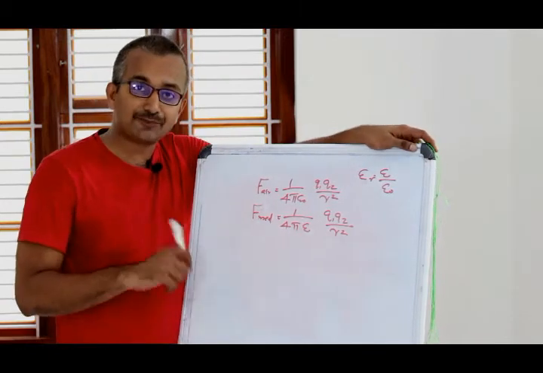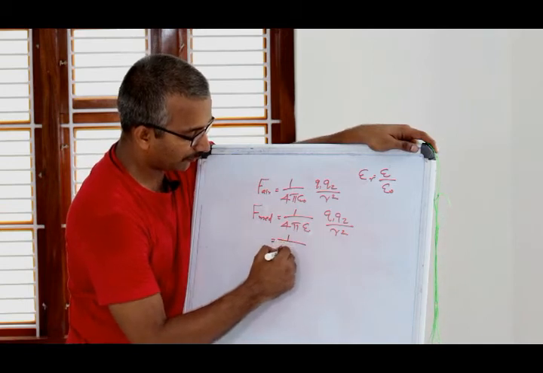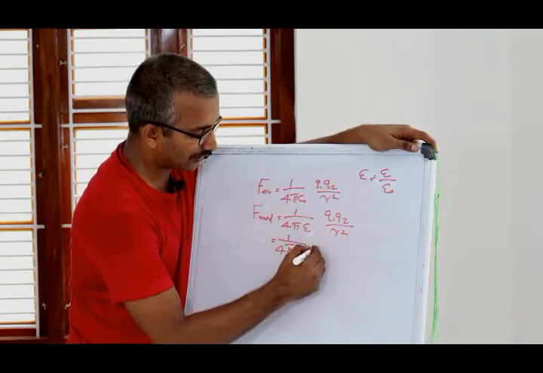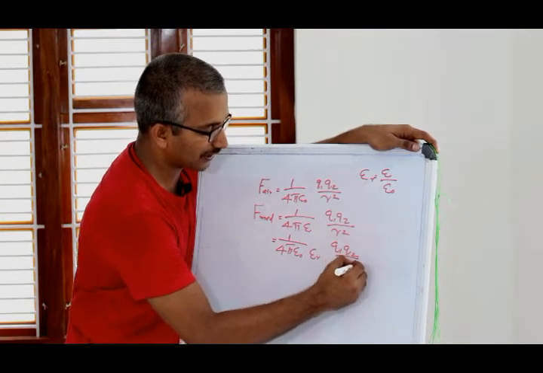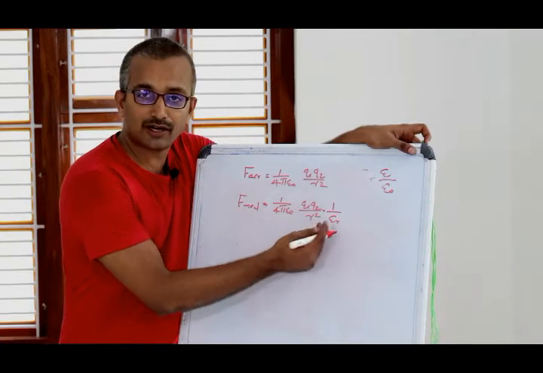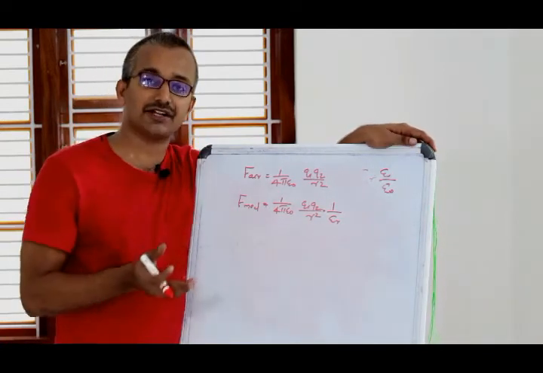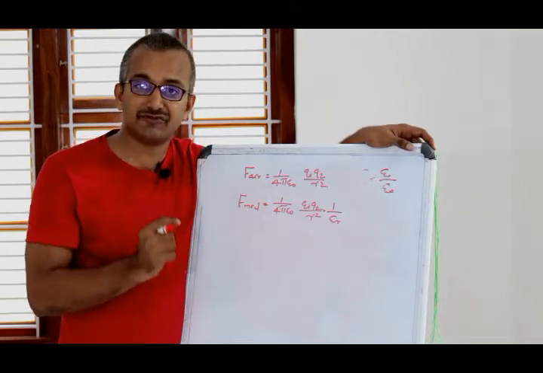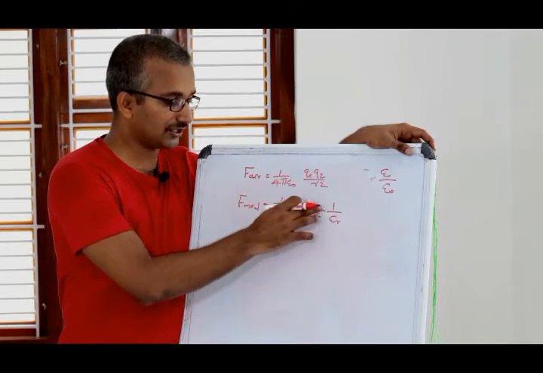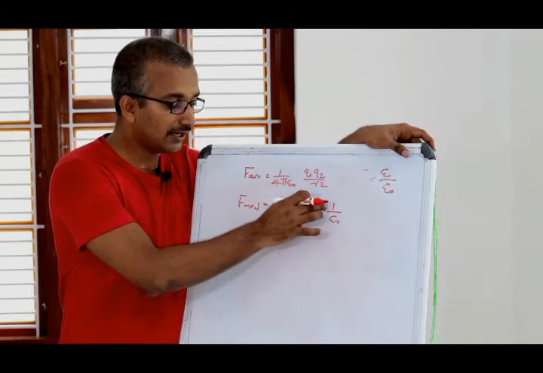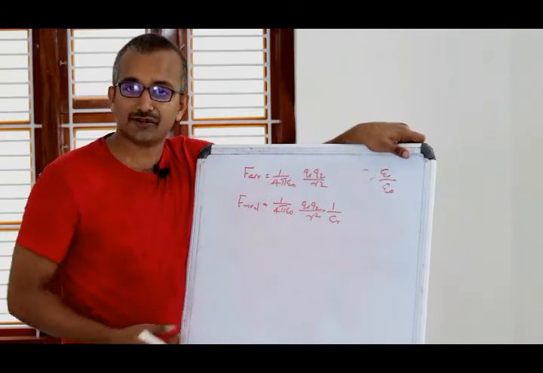Epsilon is equal to epsilon 0 into epsilon r, which can be written as 1 by 4 pi epsilon 0 into epsilon r into Q1 Q2 by r square. By taking epsilon r outside, the force of attraction or repulsion between the two charges placed in a medium having the permittivity epsilon, denoted by F medium, is equal to 1 by 4 pi epsilon 0 into Q1 Q2 by r square divided by epsilon r, since epsilon is equal to epsilon 0 into epsilon r.